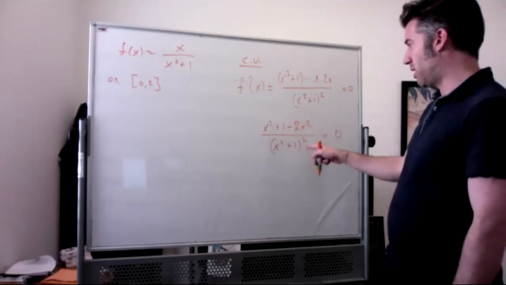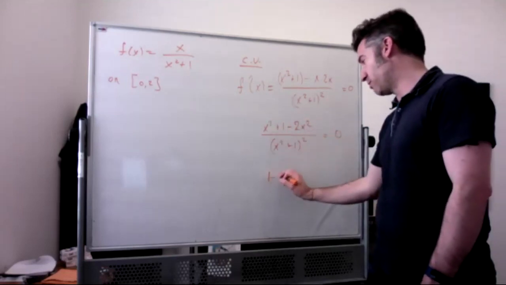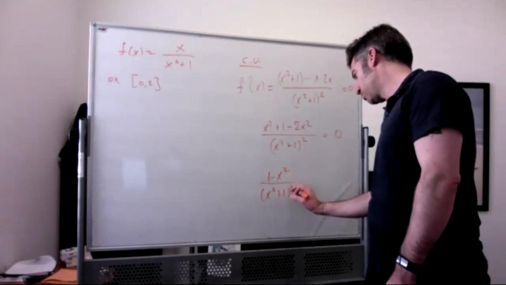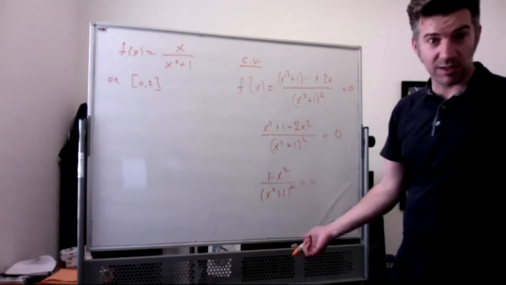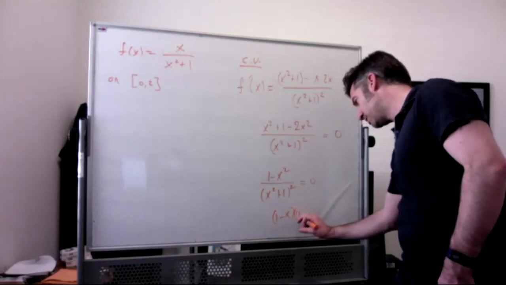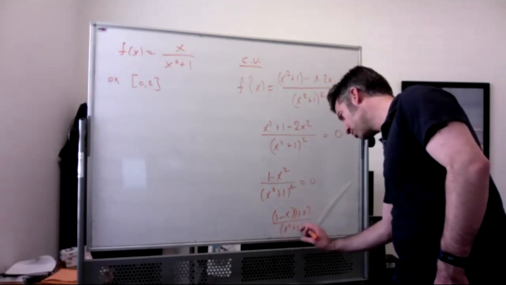So simplifying the top, the numerator is 2 minus 2x squared, and the denominator is x squared plus 1 squared. And I'm going to factor the top: 2 times 1 minus x times 1 plus x, over x squared plus 1 squared.